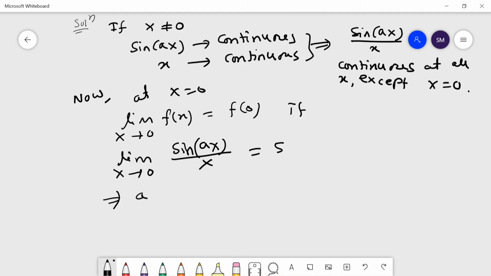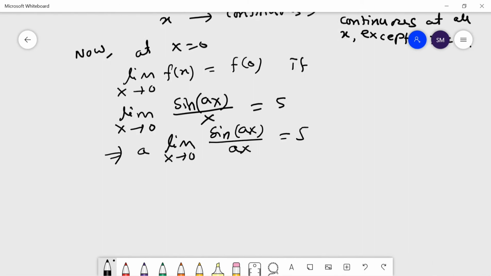We know that this can be written as limit x tends to 0 of sine ax over ax times a, equal to 5. This implies a is equal to 5. So therefore at a equal to 5, this function is continuous at every point.